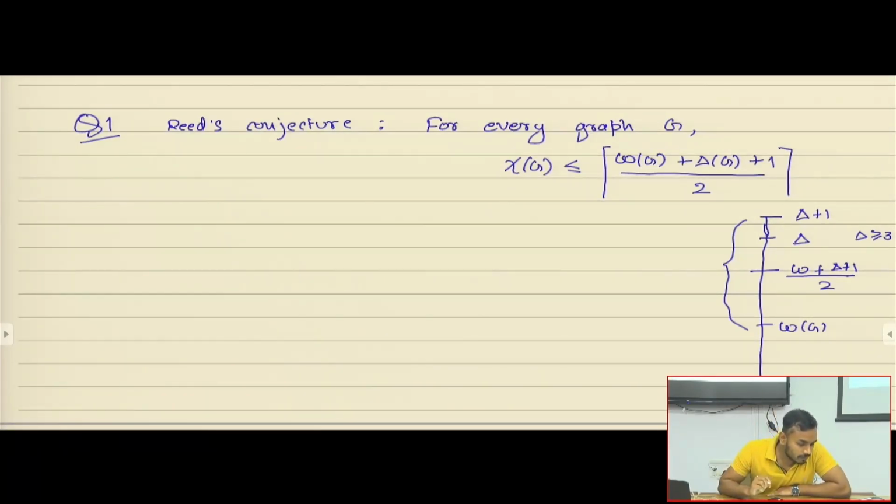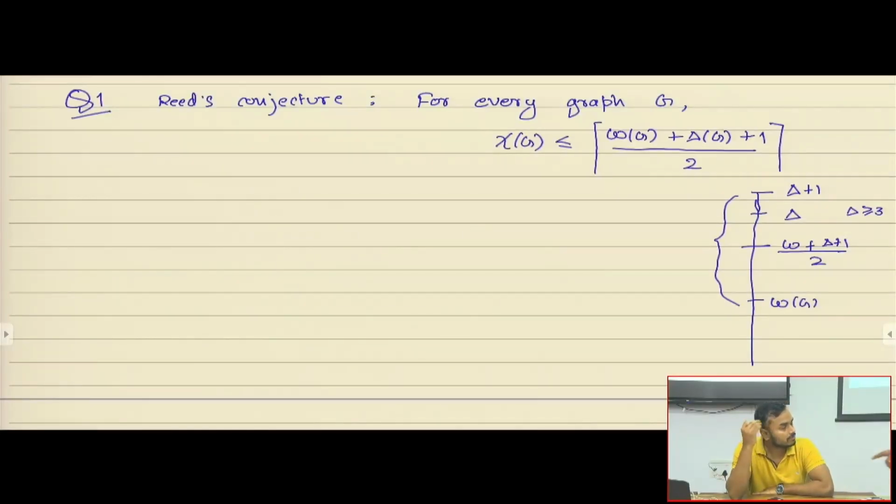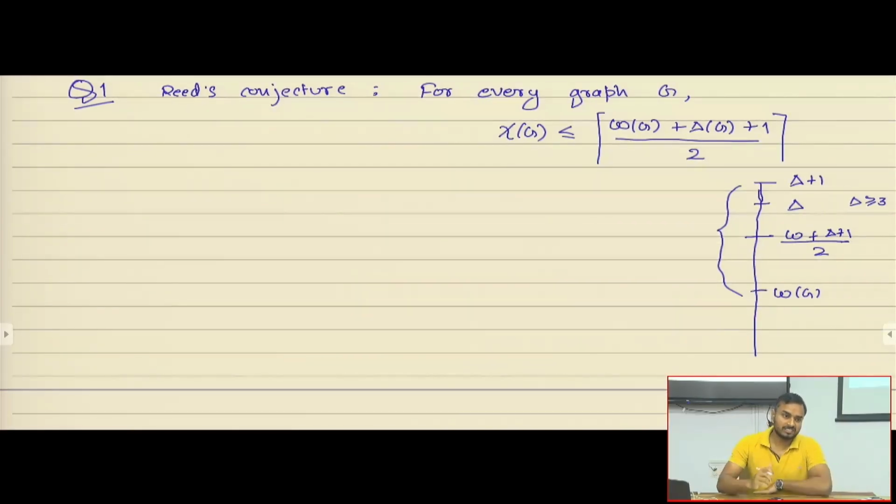So we need to find the exact chromatic number of the graph C5 Kn, which is the lexicographic product of C5 and Kn. So should I define lexicographic? Yes, C5 and Kn. Okay. So you can see the definition by yourself. What do we mean by lexicographic product?